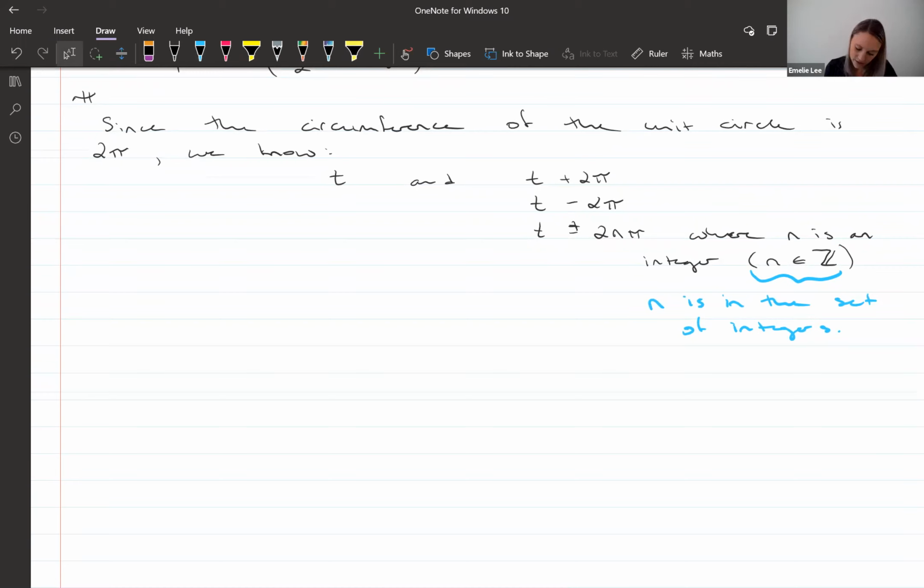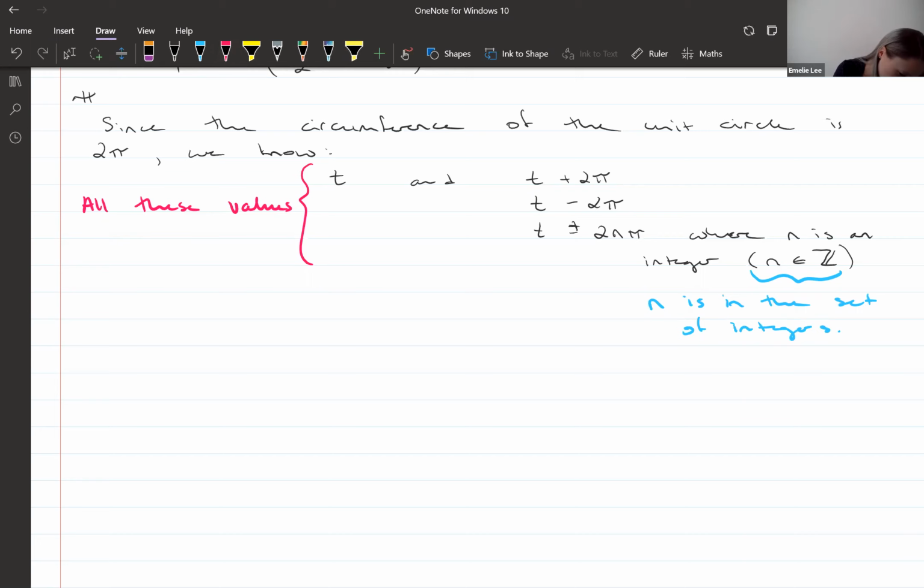So all of these values of t have the same terminal point. It got confusing because I've got t plus 2 pi, so I'm not really talking about t.